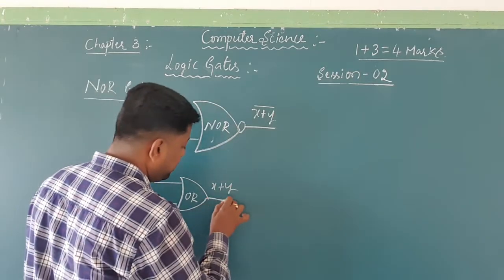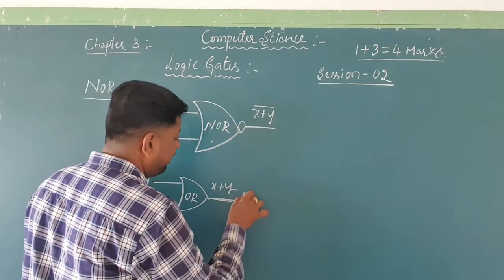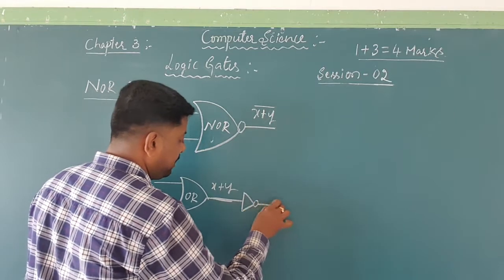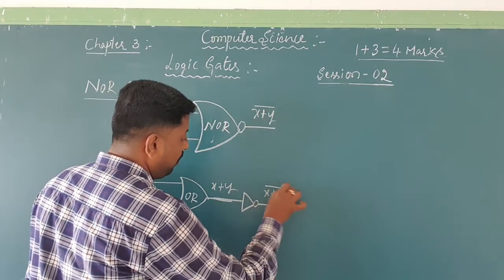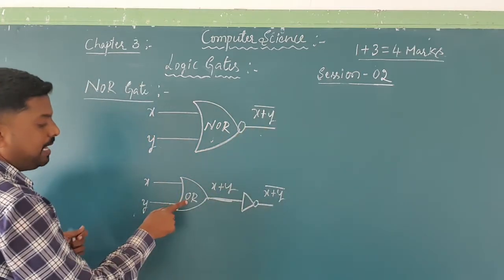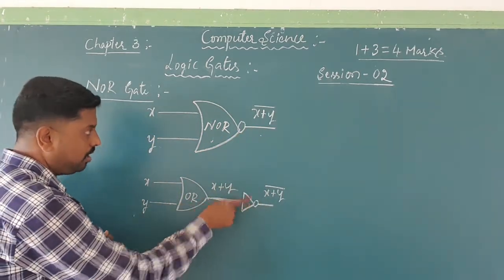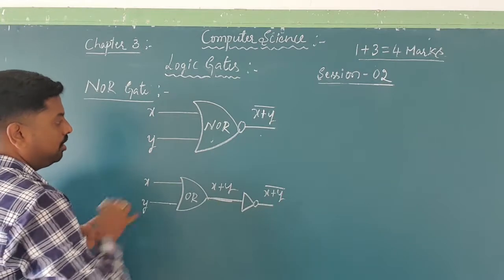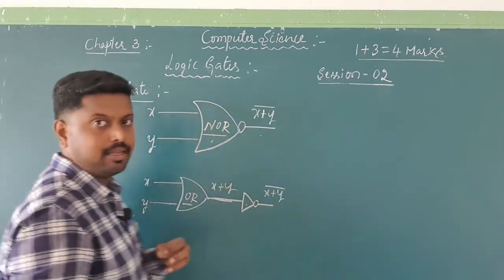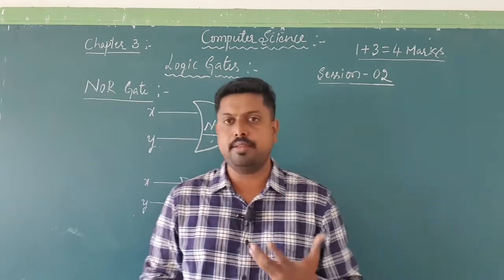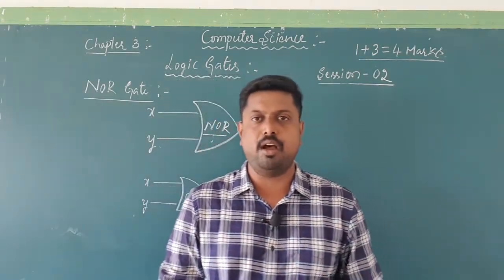Then considering this output as the input for the NOT gate, the result will become X plus Y whole bar. So this is why the combination of OR with NOT is what we call NOR. So this is the symbolic representation of the NOR gate.